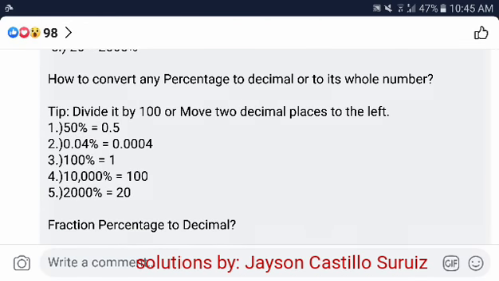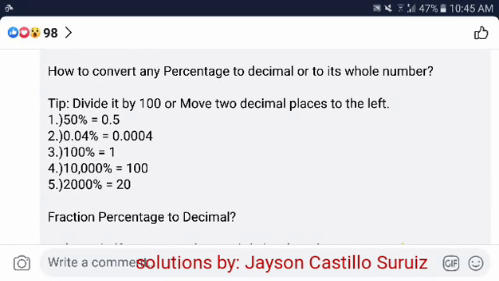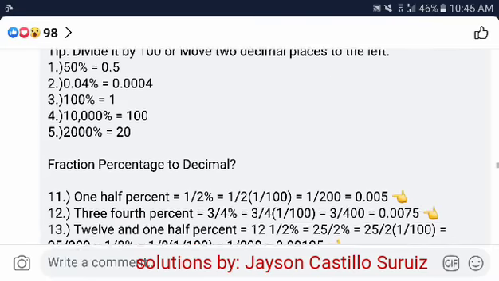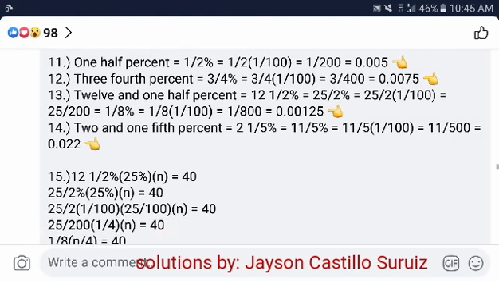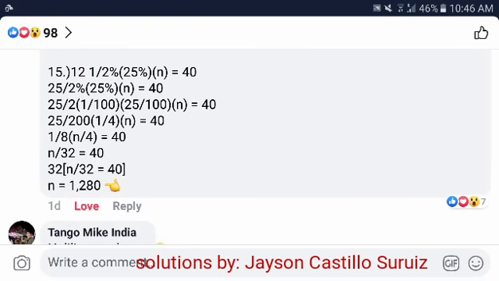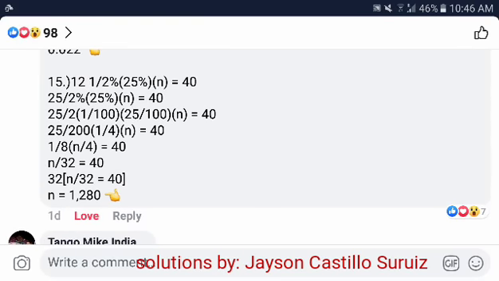Next, how to convert any percentage to decimal or to its whole number. Tip, divide it by 100 or move 2 decimal places to the left. So, tama yung mga sagot niya. Fraction percentage to decimal. So, i-post nyo yung video para makita nyo kung paano niya ginawa. Tama yan. And then, yung number 15, obserbahan nyo kung paano niya ginawa.